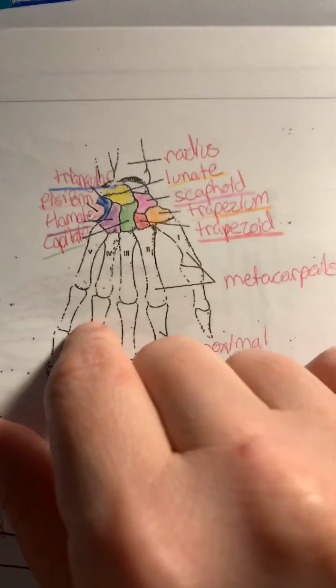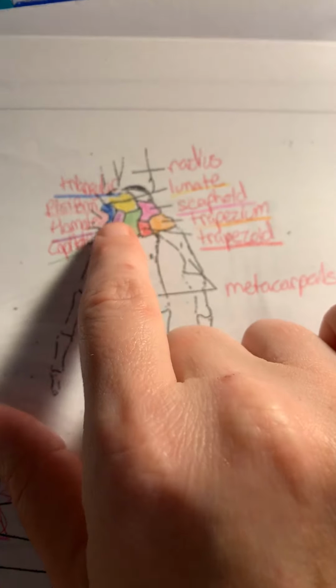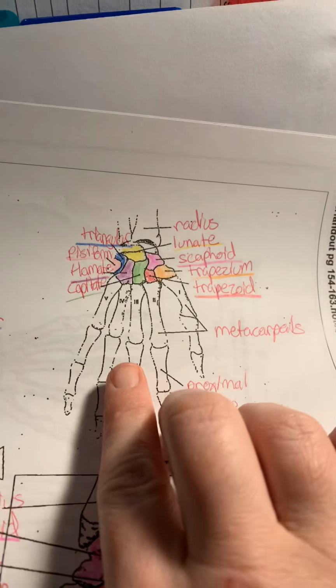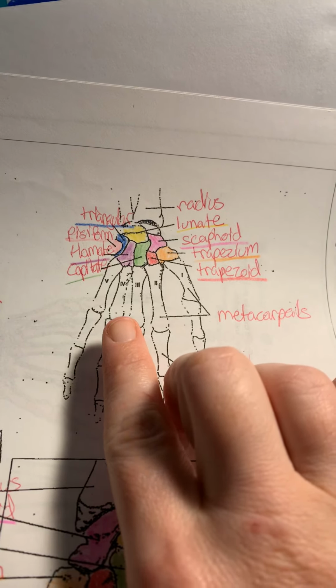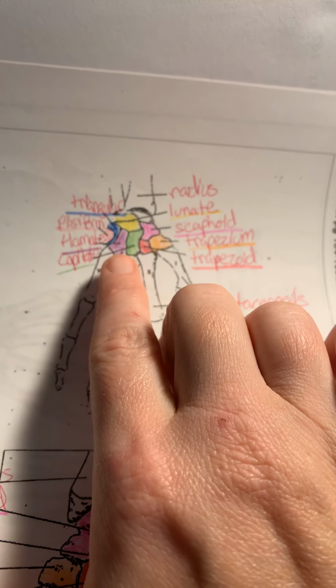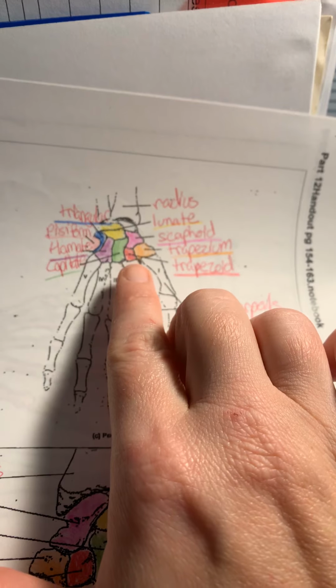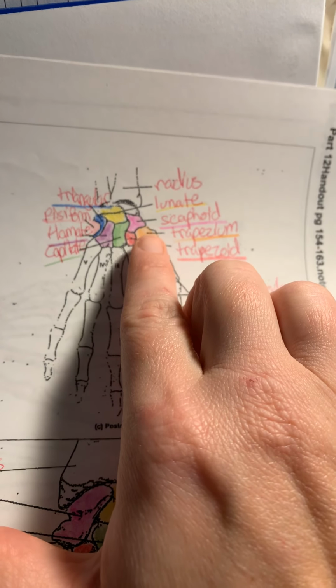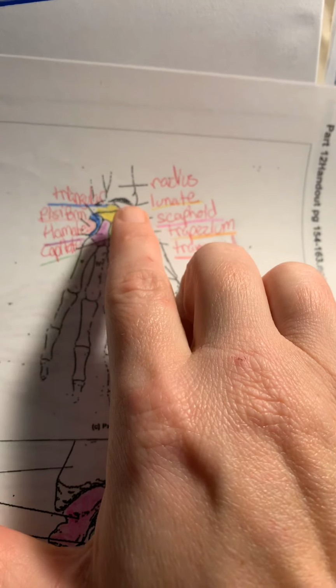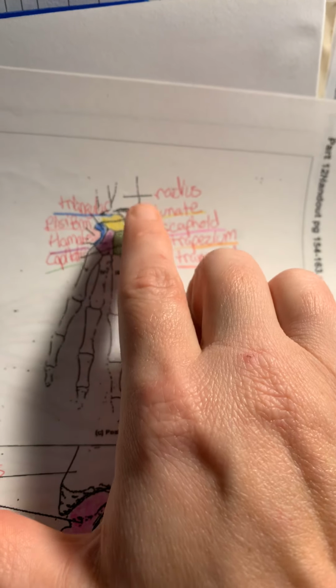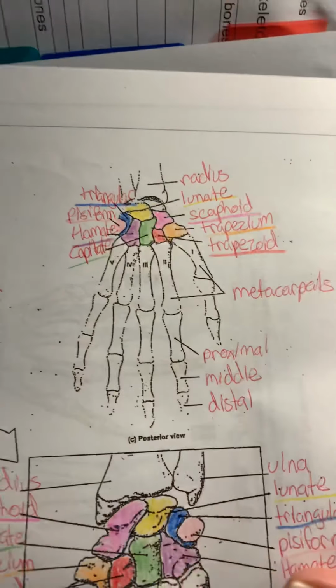So the triangular bone in blue. And then the little pisiform next to that, the hamate, capitate, the trapezoid, trapezium, scaphoid, and again, that lunate up at the top. And we have our radius and ulna again.